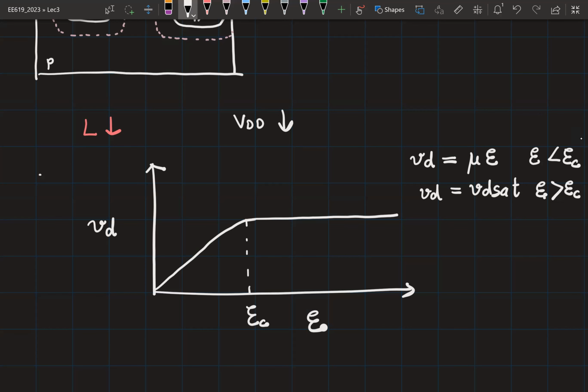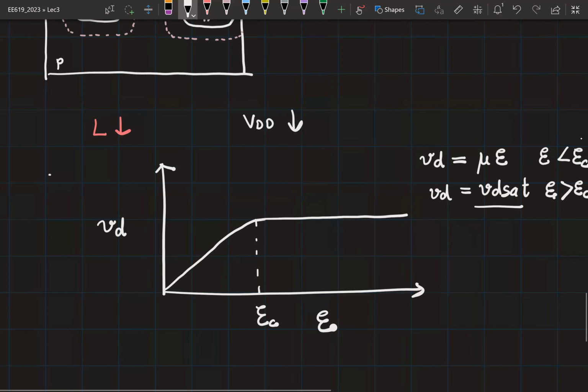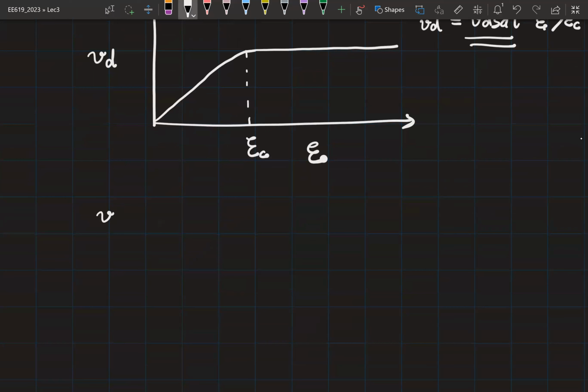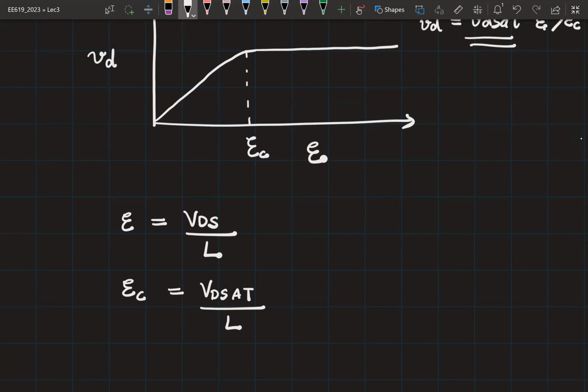So we will relate the saturation drift velocity to a saturation voltage, right? So I can write the electric field in the channel as the drain to source voltage divided by length. Which means this critical field, now I can write it as some VD sat divided by length.